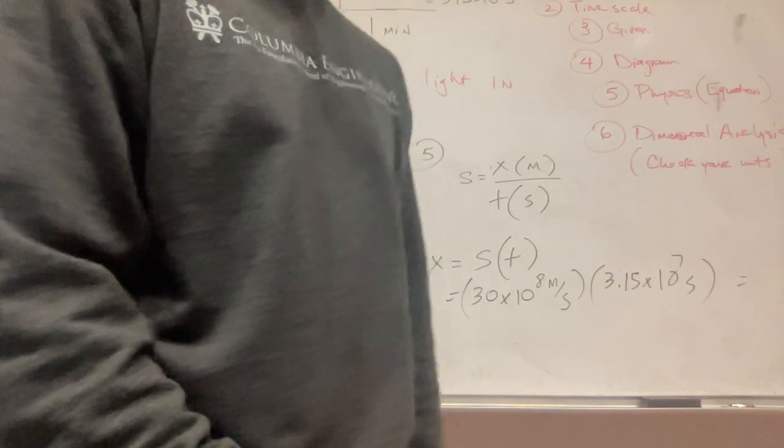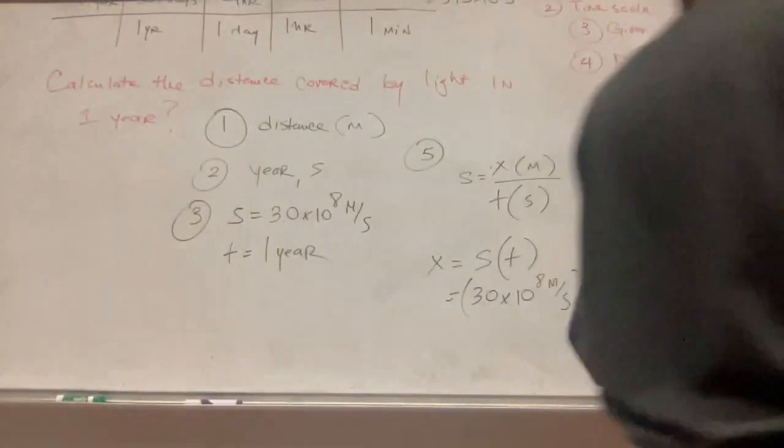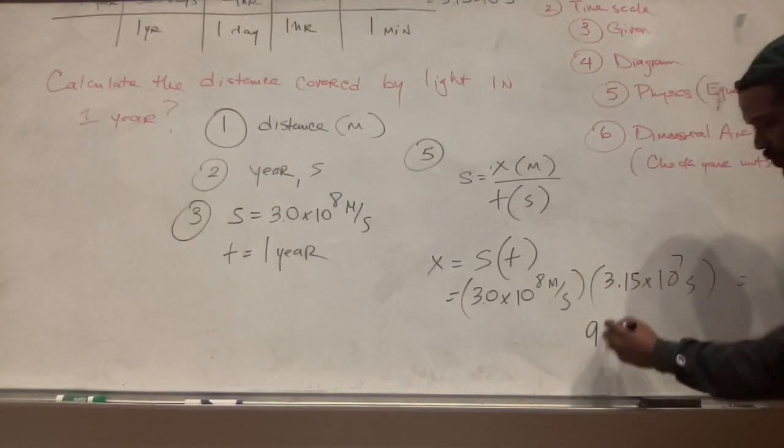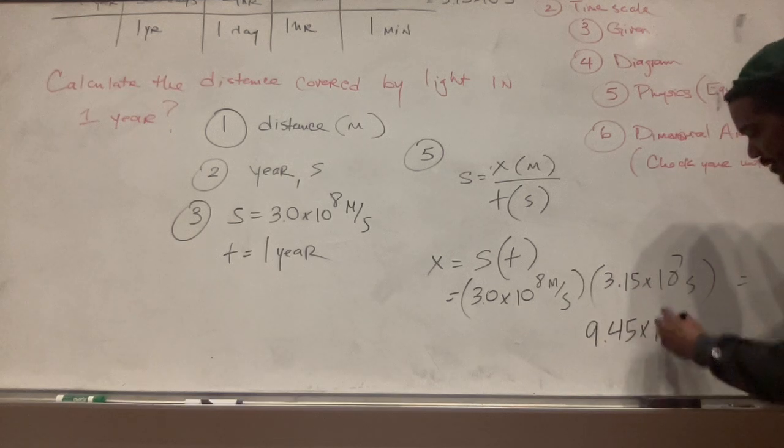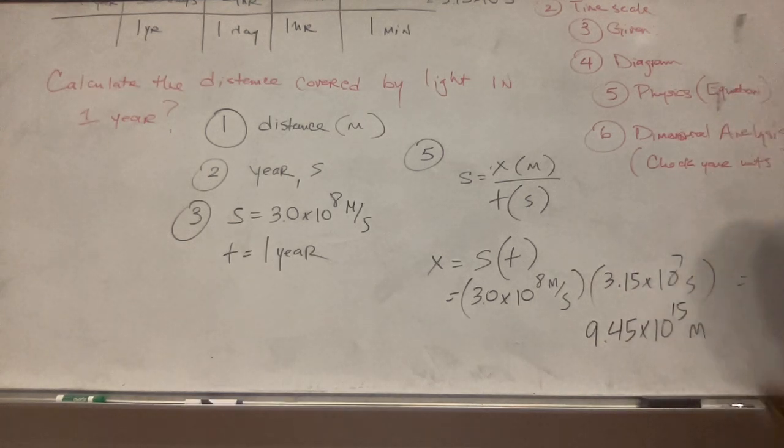What's the unit? Meters. 9.45 times 10 to the 15 meters. Now to you and I, we can't wrap our minds around that number. We can't think of how far that is because we don't have a good idea of how far a meter is. Or we do, but we kind of don't.